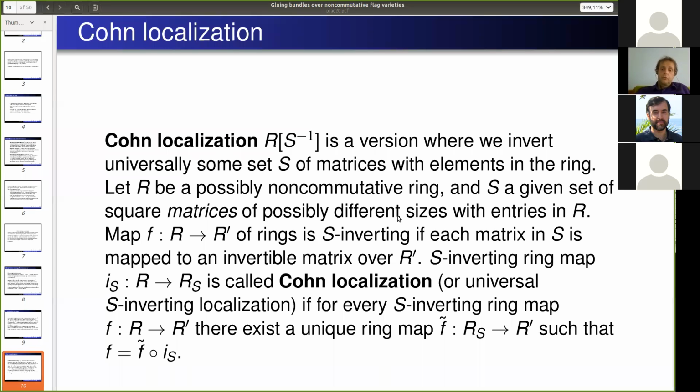So this is the so-called Cohn localization. It has been studied by P. M. Cohn. But very often this Cohn localization is not flat.